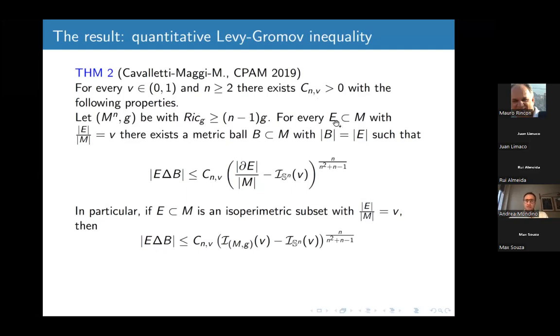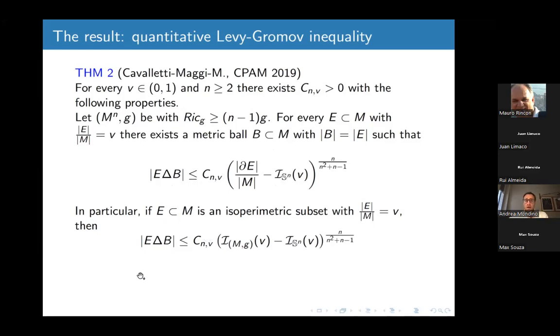Then for every subset E of M with the renormalized volume equal to V, there exists a metric ball B inside the manifold M, having the same volume as E, and such that one can control the volume of the symmetric difference between E and such a metric ball with the constant times the deficit in the Lévy-Gromov inequality. So here we are taking the difference between the renormalized perimeter of E and the isoperimetric profile of the sphere, to a suitable power.